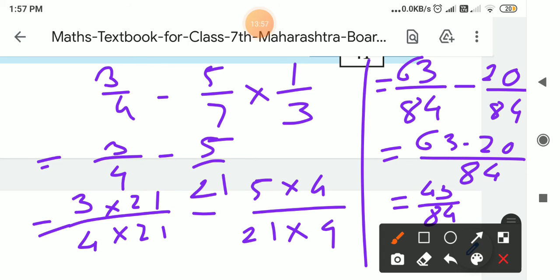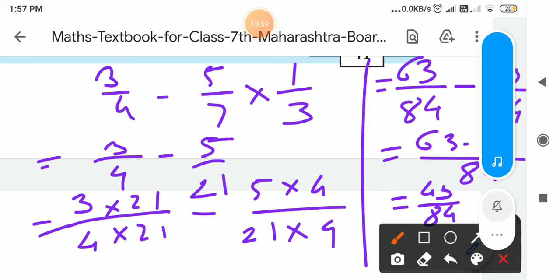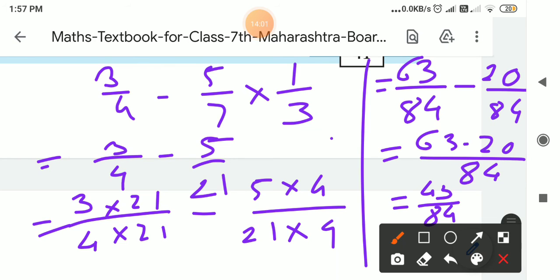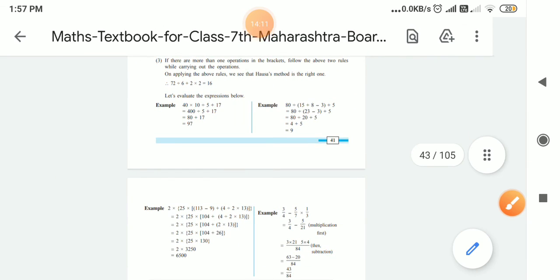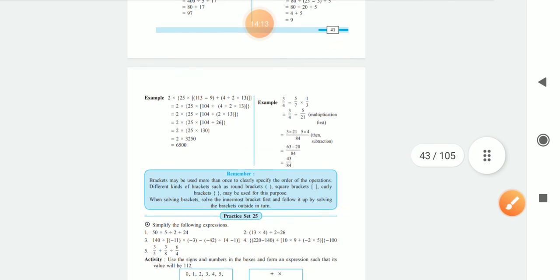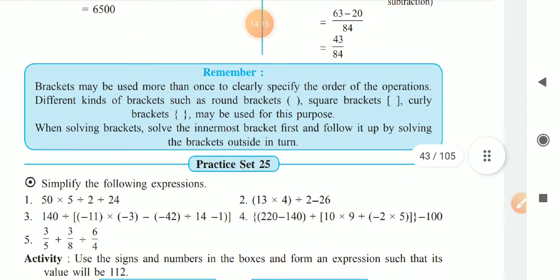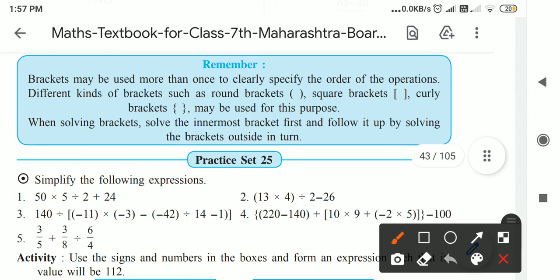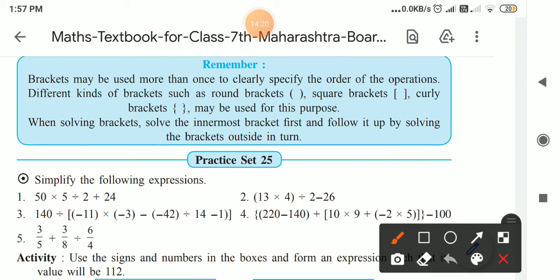So in this way we have to solve examples with rational numbers, when more than one operation is there, and we have to follow the steps which I showed you here. So today we have completed the solved examples, and here what they told you is that brackets may be used more than once, and you should clearly specify the order, that is, when different kinds of brackets come.